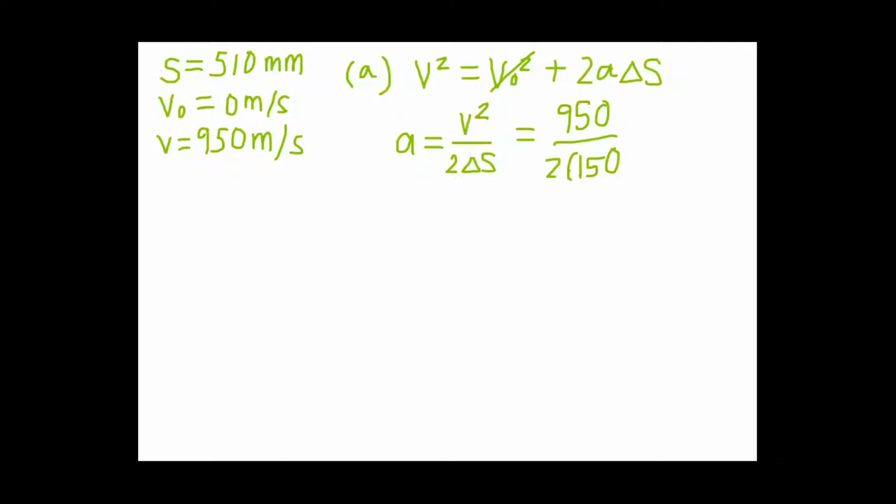Sorry, let me erase that. Okay. And the reason it's 0.510 is because we converted our millimeters to meters. And the final answer we will get is 8.8 times 10 to the fifth meters per second squared. Clearly a huge quantity.